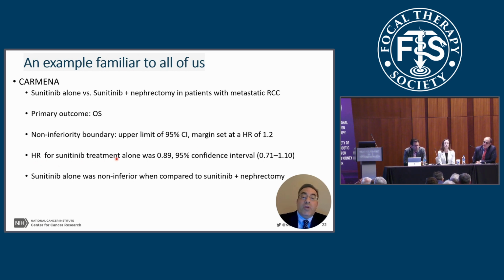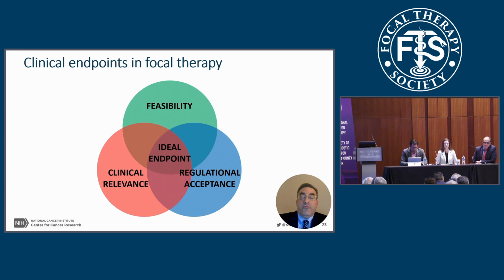For sunitinib treatment alone, it was 0.9, and therefore the margin was 1.1, so well below 1.2. And as we all know from the study, sunitinib alone was shown to be non-inferior when compared to upfront nephrectomy followed by sunitinib.